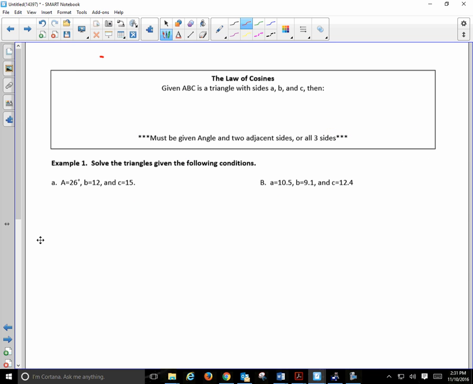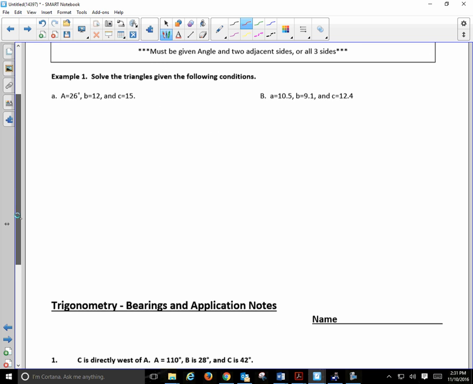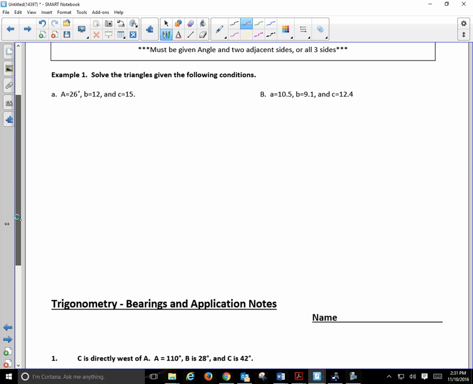Law of cosines, we already wrote it down. Today we'll just do this example right here. Tomorrow we're going to do example B. And then we'll move straight to your worksheet. I'm going to solve the triangle. Angle A is 26 degrees.